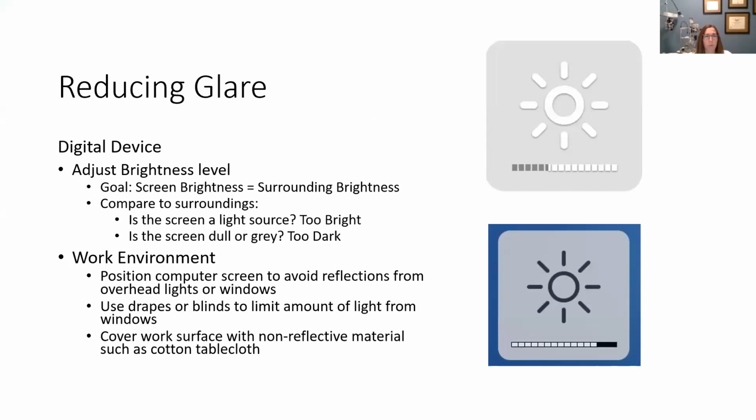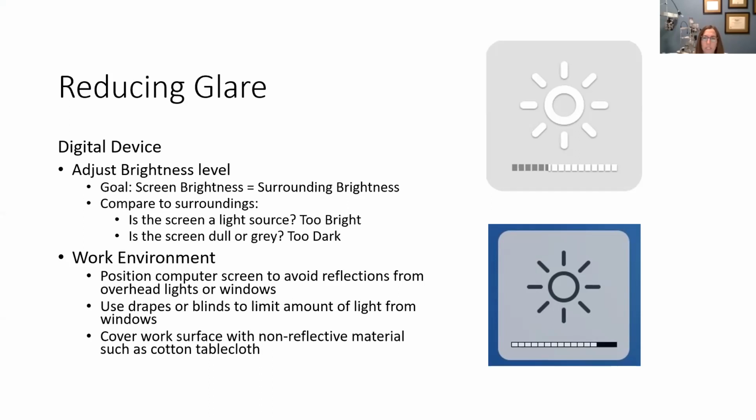So for ways to reduce glare on your device itself, you can adjust the brightness level. You can just go in and change that level, and see how comfortable you feel looking at it. But really your goal is to match the brightness to your surroundings.